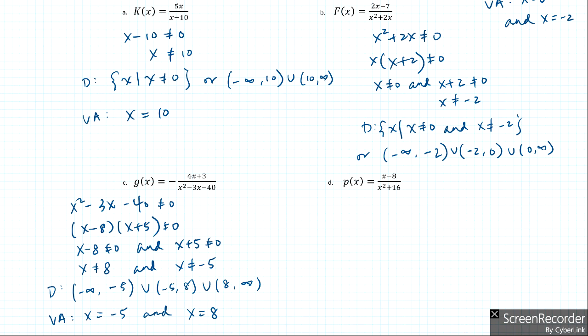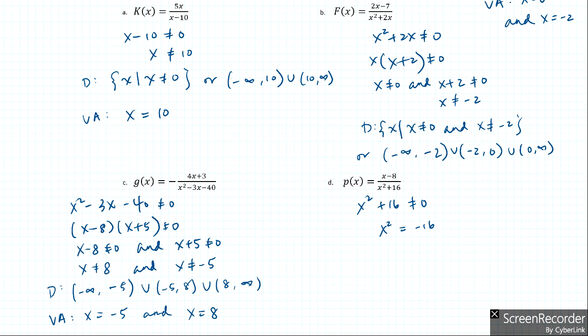Now for part D, again we start off setting the denominator x squared plus 16 doesn't equal 0. And if you don't recognize that right away, I hope you recognize it when you subtract 16 on both sides and see x squared is equal to negative 16. When this happens, we said x squared has to be non-negative.